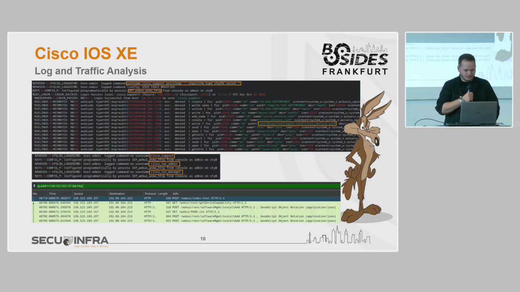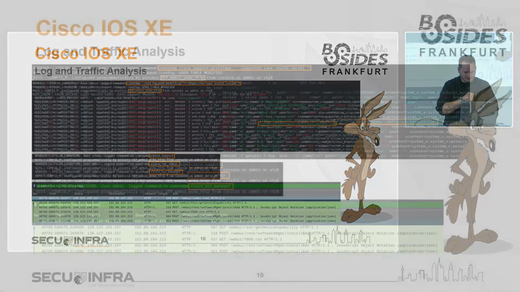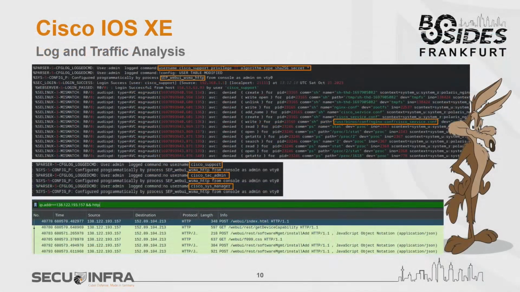They created a new administrative user named cisco_support to kind of blend in and maybe prolong their persistence a little bit more. It's also quite obvious that they're using a specific API path, the WebUI WSMA. And you also see in the SELinux logs that they're writing a particular Nginx configuration file.